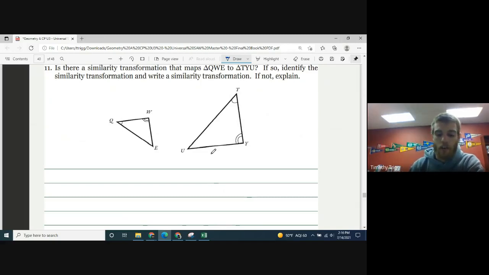It's definitely covered earlier in this unit. So we could say angle Q is congruent to angle T, and angle W is congruent to angle Y.